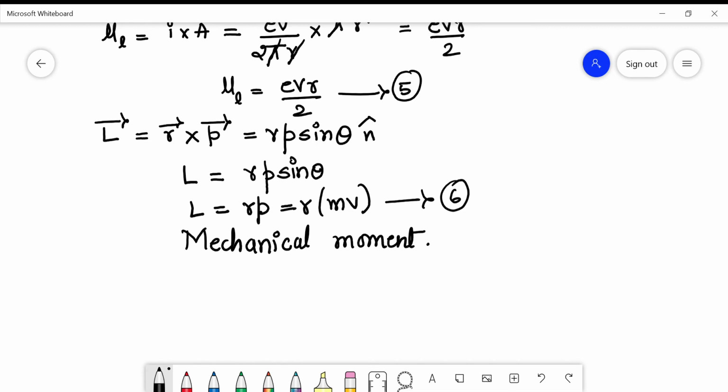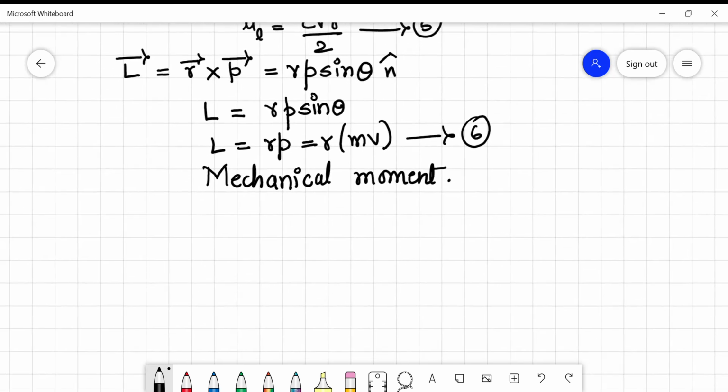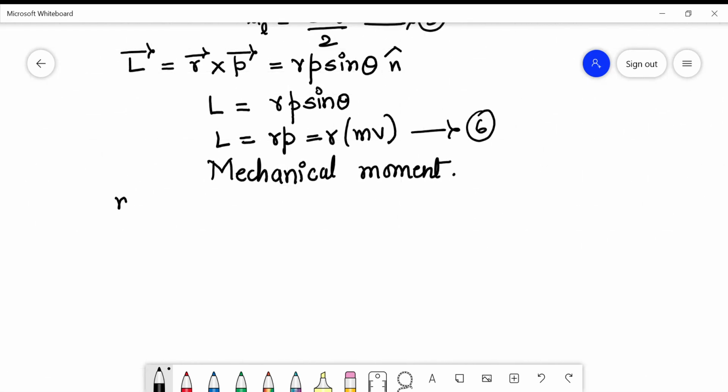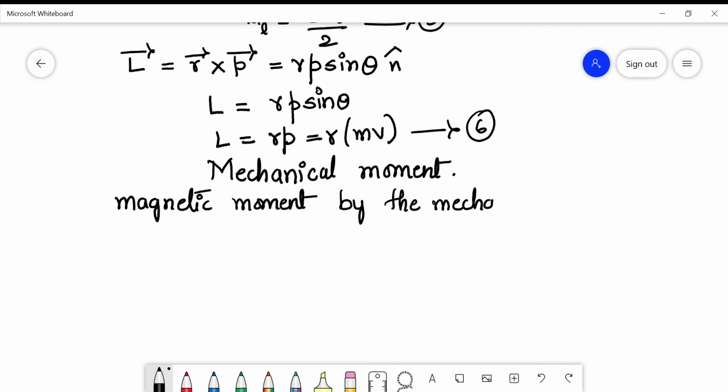Now, if I divide the magnetic moment by the mechanical moment, what do we get?